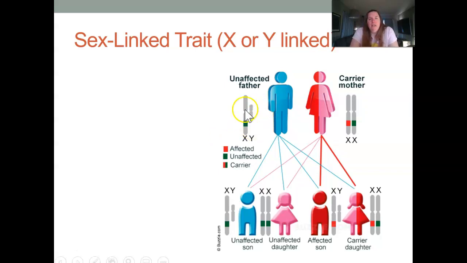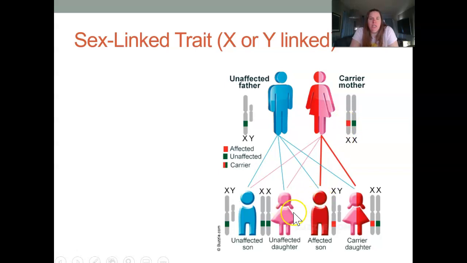So if the father is unaffected by whatever this particular trait is, but the mother is a carrier, when they have offspring, their female offspring are not going to be affected, because the father can only contribute his normal X chromosome, while the mother can contribute either the normal X chromosome or the chromosome that carries this particular trait, the affected chromosome.